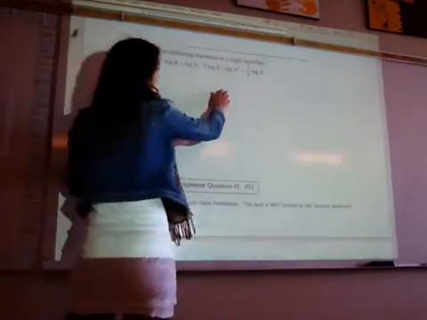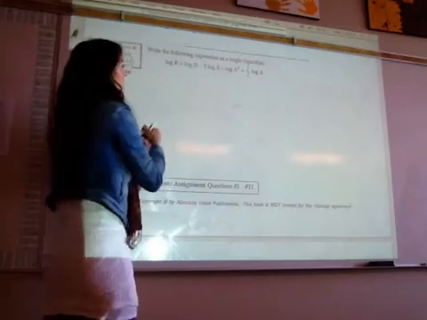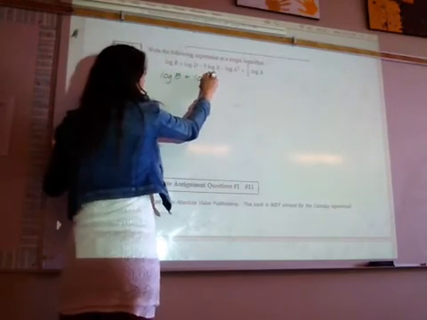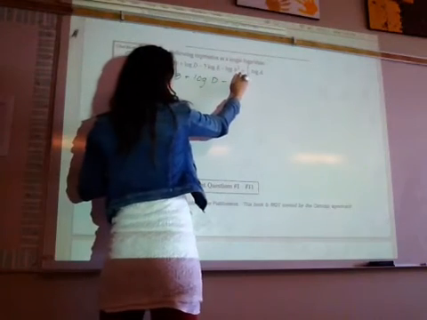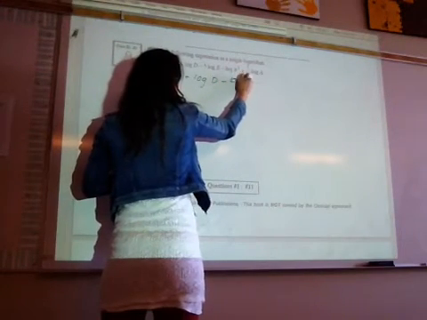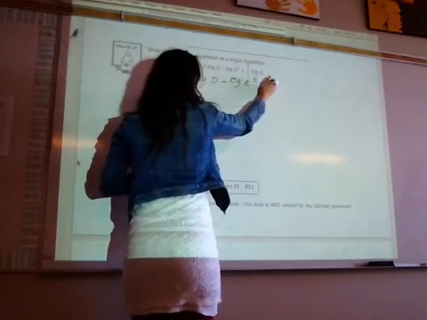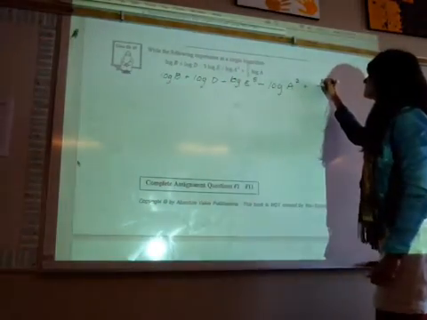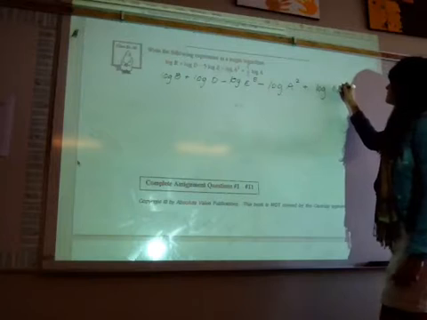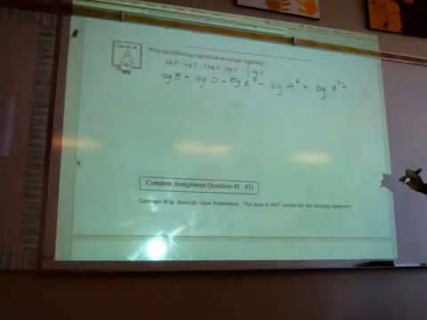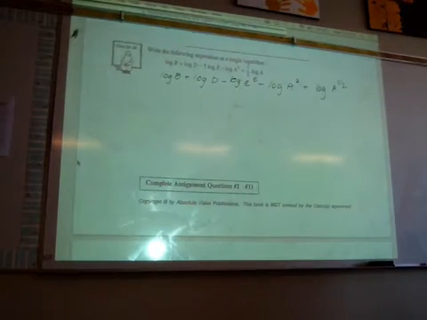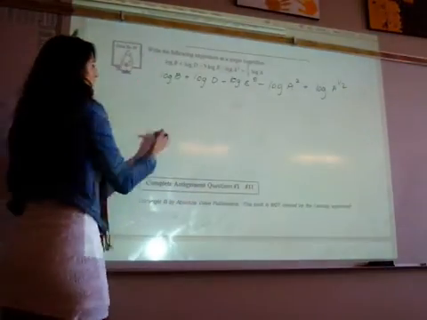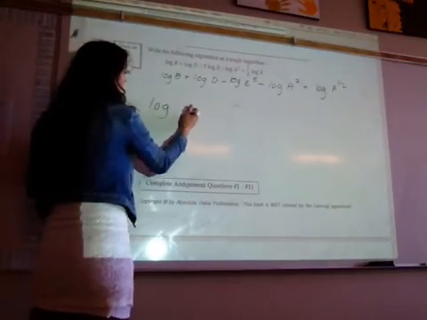Okay, before we do that though, we have a few coefficients out front, so let's just use the power law so that they are written as exponents. And then following the order from left to right, we'll have log base 10.